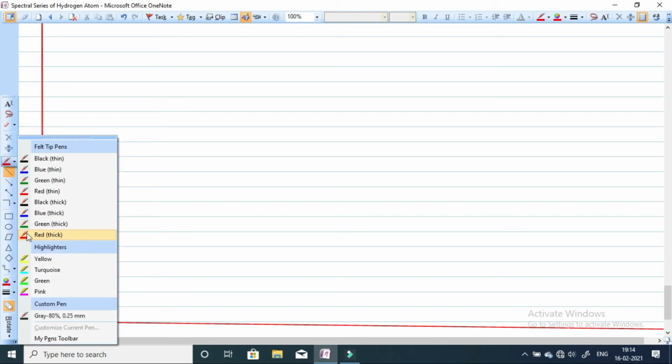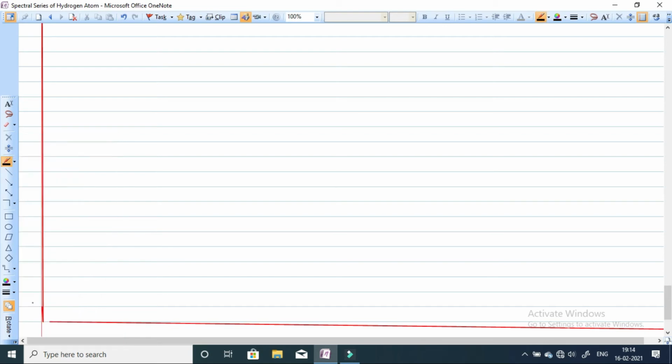First I'm taking n is equal to 1. When n is equal to 1, we know the energy is minus 13.6 electron volt. Here the energy will be minus 13.6 electron volt.